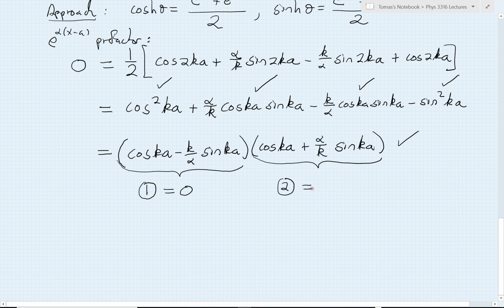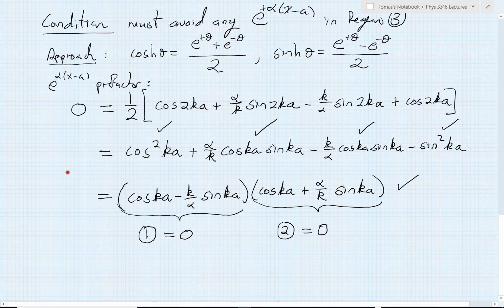Either we have a type 1 solution where this term is 0, or there's the type 2 solution that happens when this term is 0. So it seems like the universe here is trying to teach us something because this factored so nicely and beautifully. I'd really like to know what is it that's so special about these type 1 and type 2 solutions.